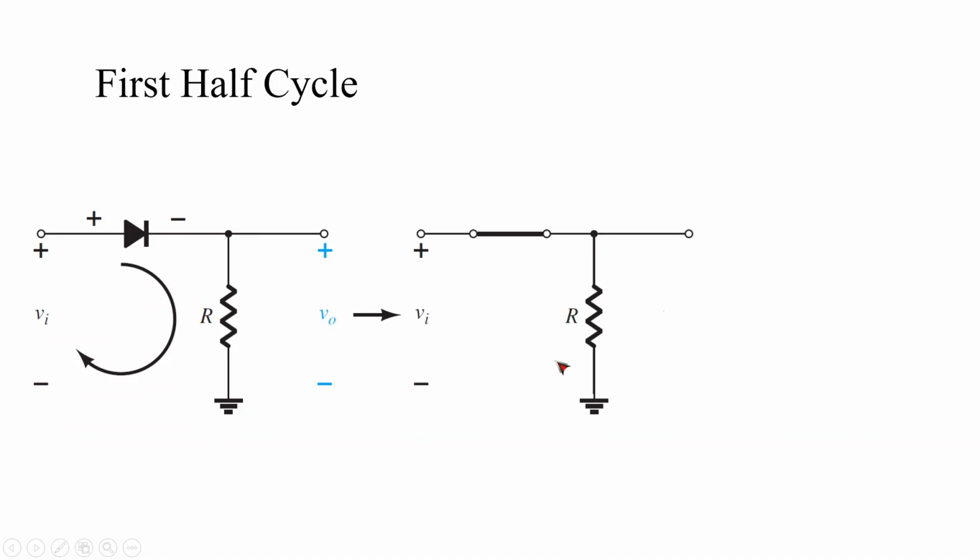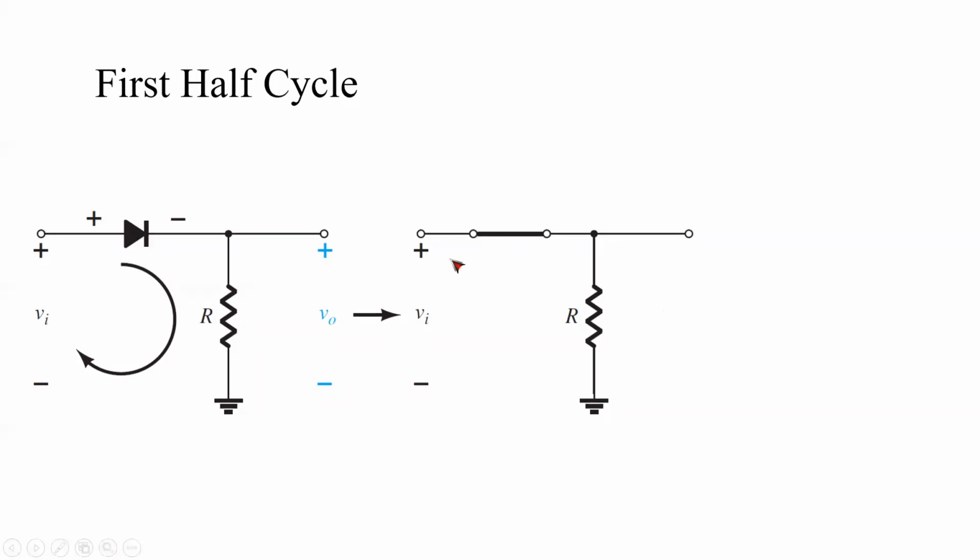If current is passing, you have only one resistor, right? So whatever voltage you give in the input, you will get the exact same output. Because if you had two resistors, then your voltage would have been divided according to the voltage divider rule, like R1 and R2.